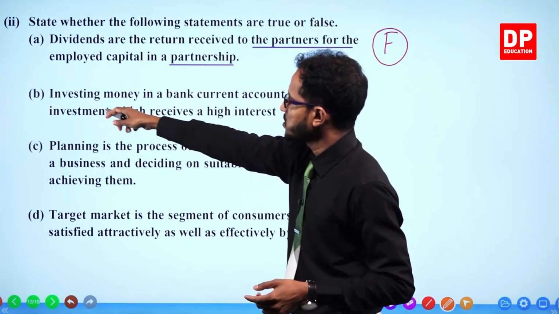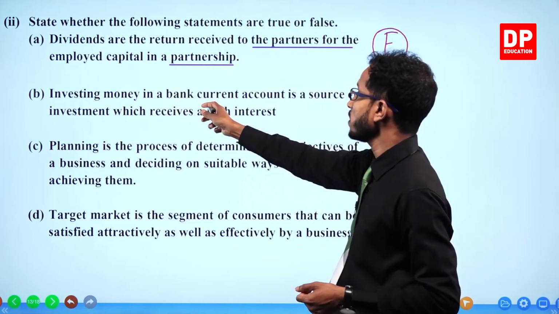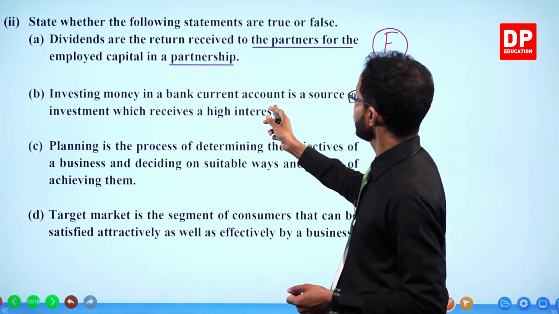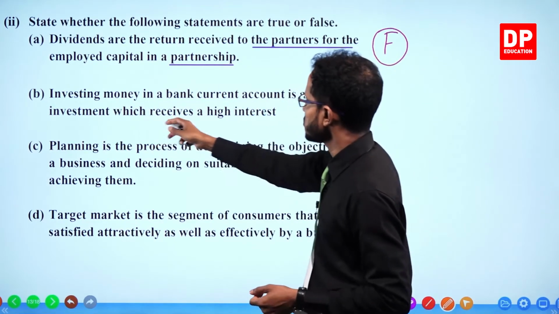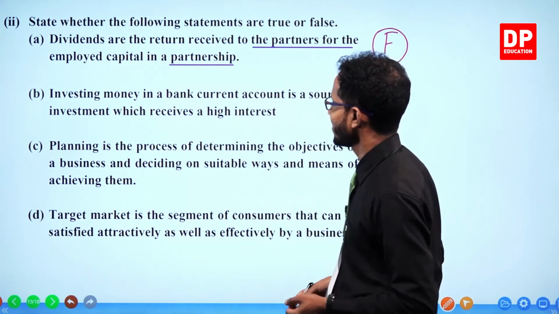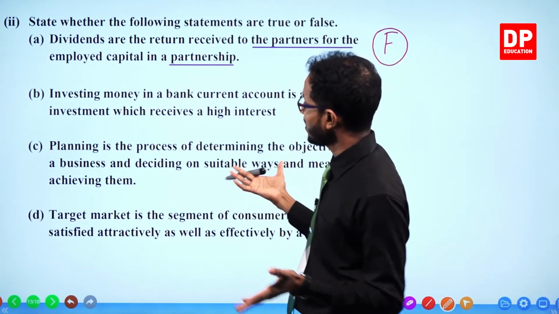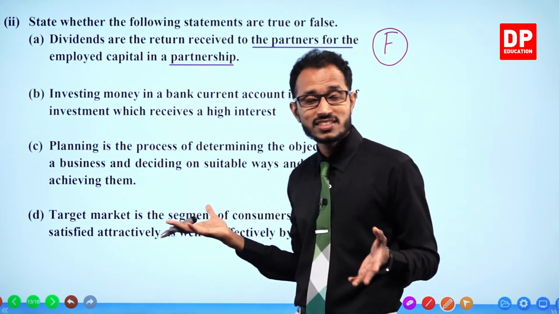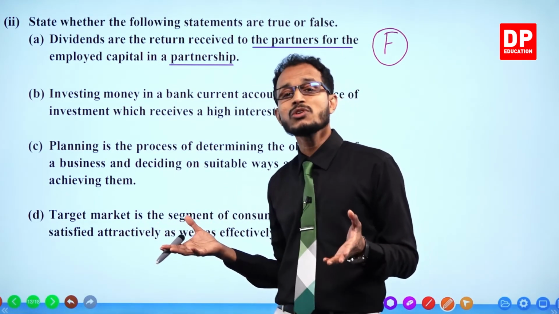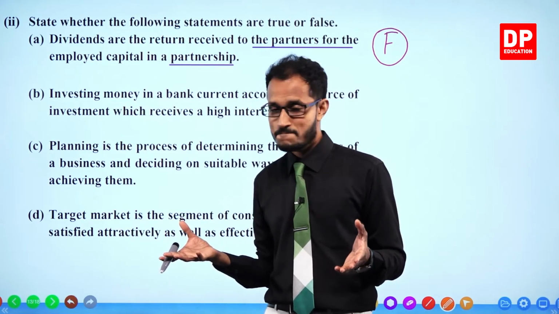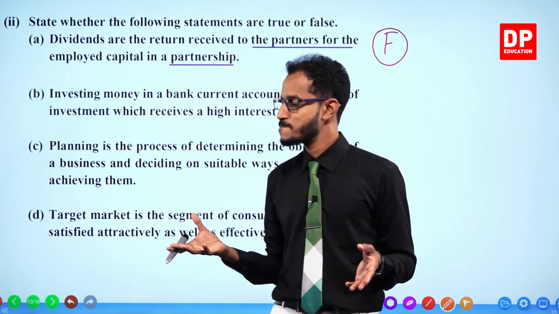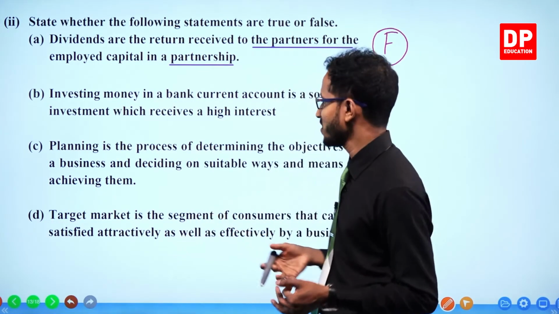Investing money in a bank current account is a source of investment which receives high interest. Is that a source of investment even? No, that is not a source of investment.